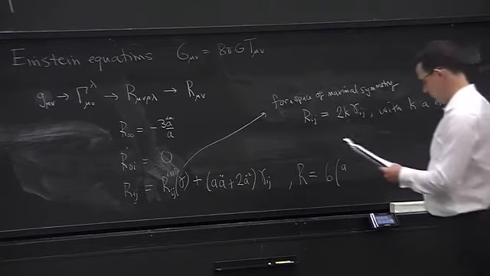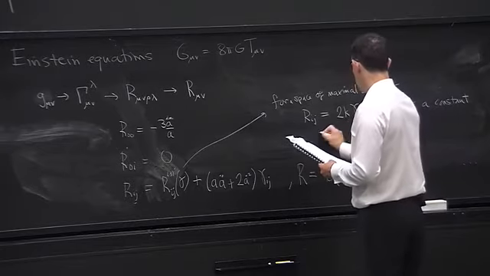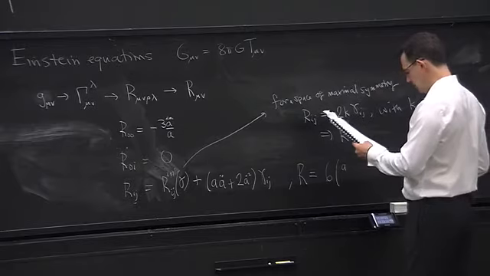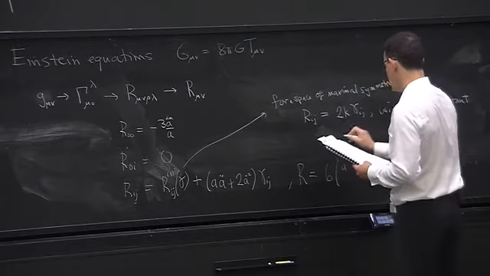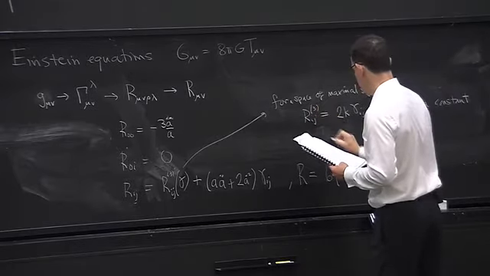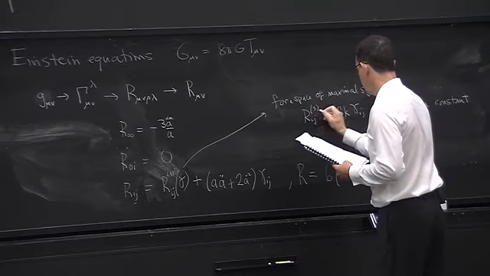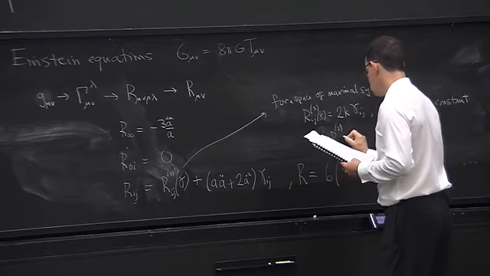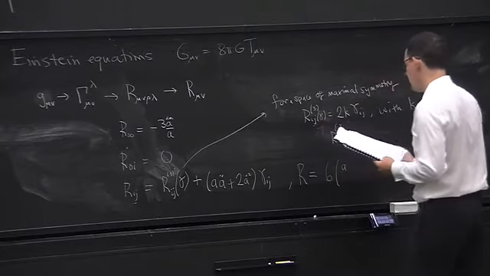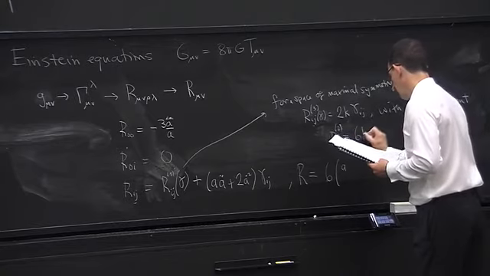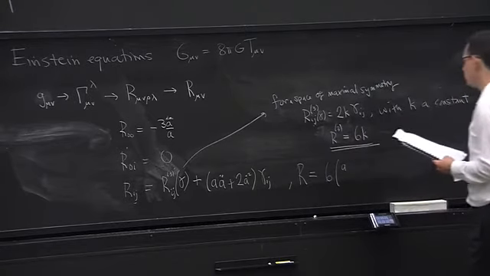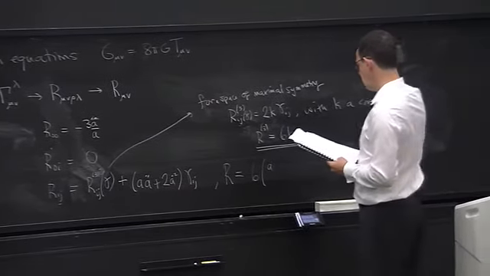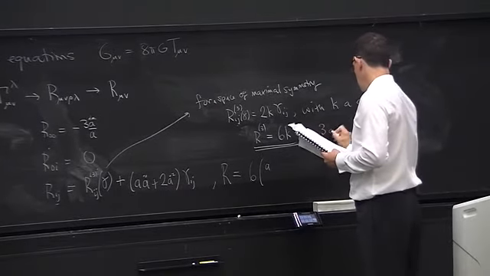And this implies that the Ricci scalar, the three-dimensional Ricci scalar R(3) of gamma, is this contracted with gamma, which just gives 6K in 3 dimensions.